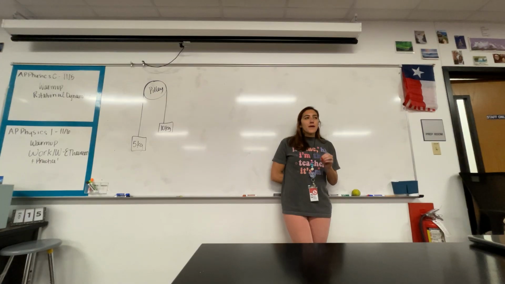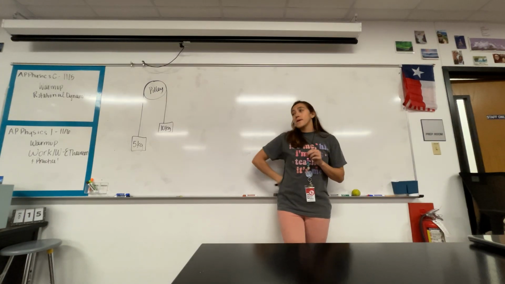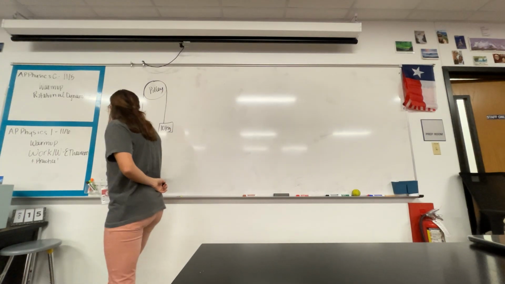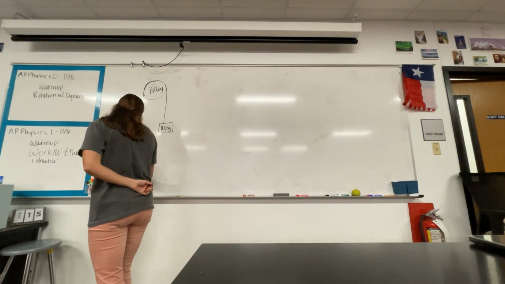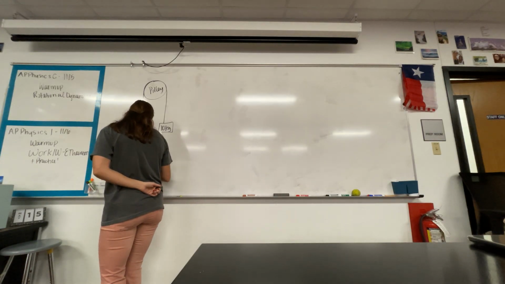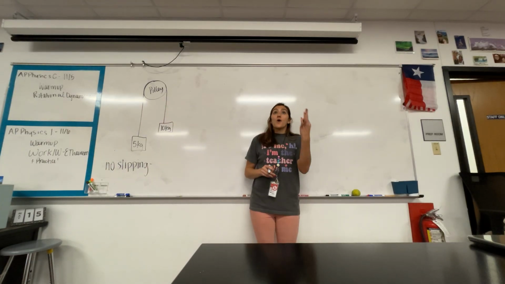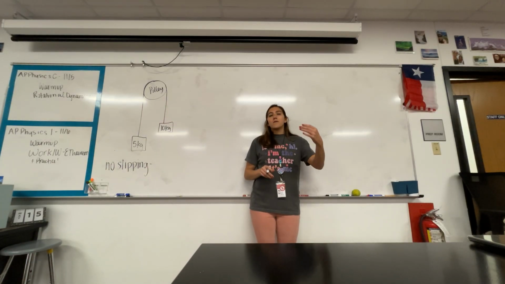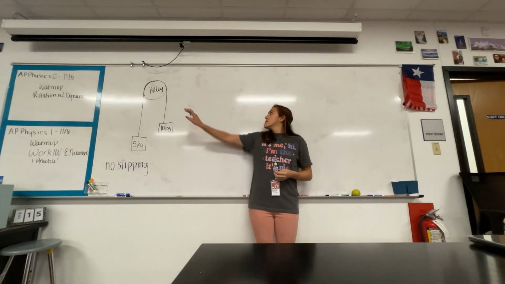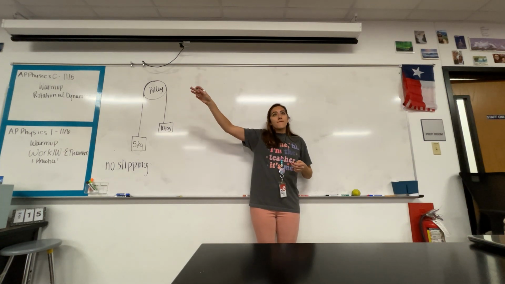And here's the stipulation that we have to be aware of, the one that they're going to use. It's called no slipping. So they're going to say I have a massless pulley, and there is no slipping between the rope, string, rod, or wire, whatever it is, and the pulley itself.